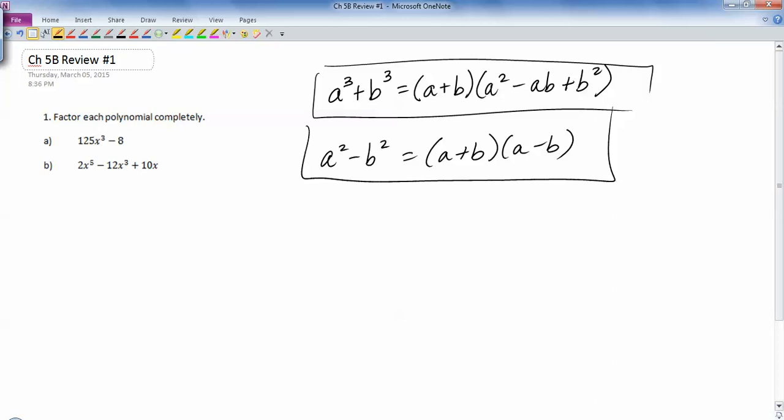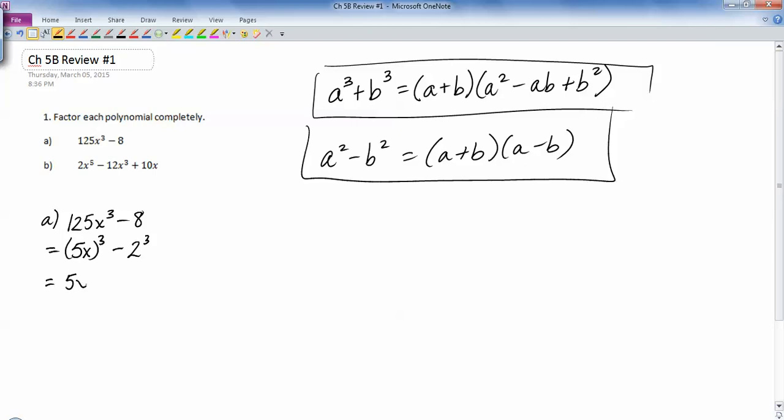So in the first one, we've got 125x cubed minus 8. Let me just write that here. You might be able to recognize that 125x cubed is really (5x) cubed, and 8 is really 2 cubed. So I'm going to rewrite it so that it looks like a cubed plus b cubed.